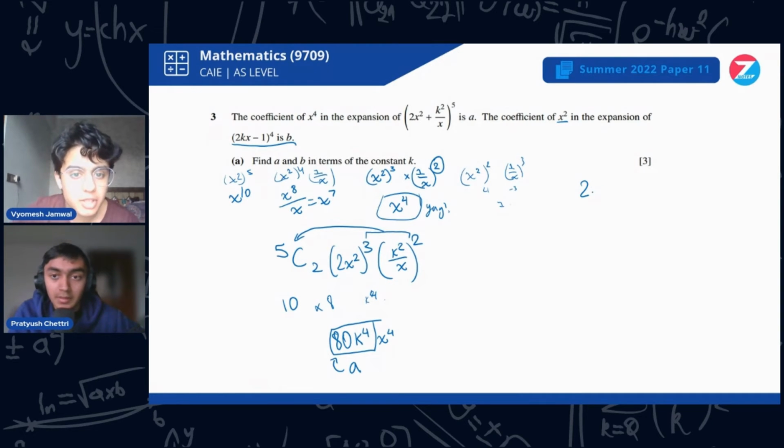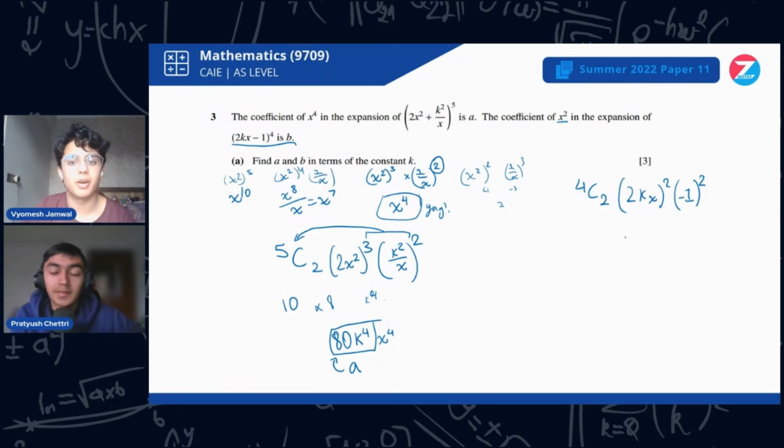So for the third term, it's 4c2 times 2kx to the power 2 times minus 1 to the power 2. When we expand that, 4c2 is 6, not 8. 6 times 4 is going to be 24k squared x squared.